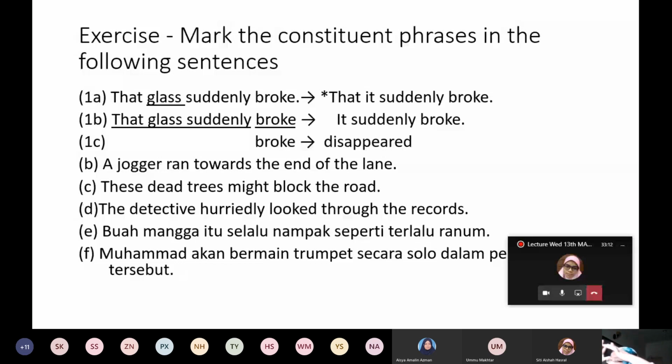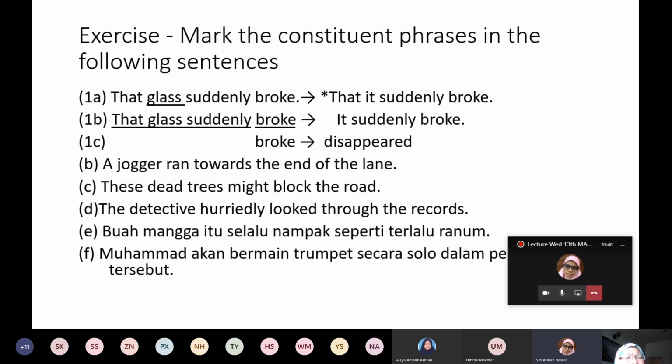So, Siti Aisyah, what are the constituent phrases for B, a jogger ran towards the lane? At first I thought jogger would be the constituent, but when I substituted it, it is ungrammatical.